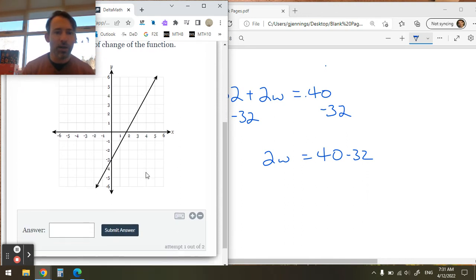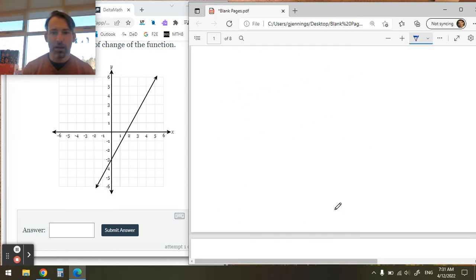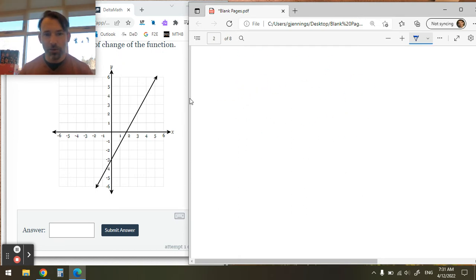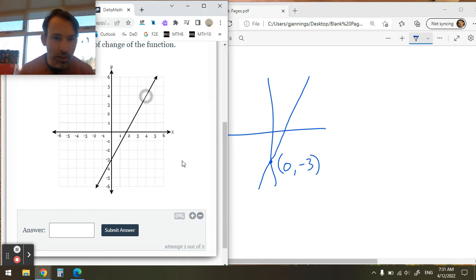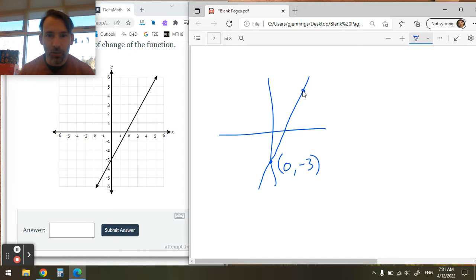So the way we write down rates of change here is I'm going to need my paper to show you. What I've noticed is that this function has an intersection down here at the point (0, -3). And then it has a point over here, which was at the point (4, 4).